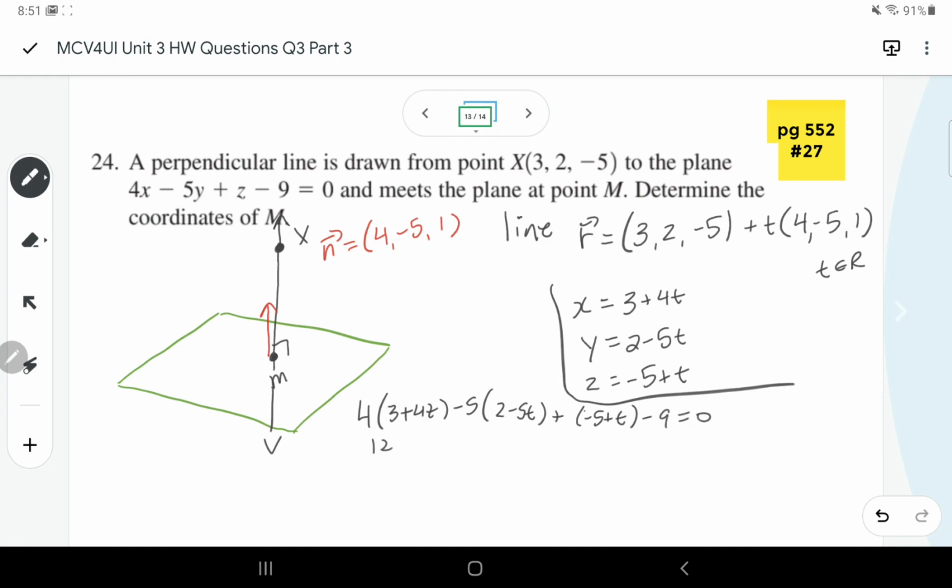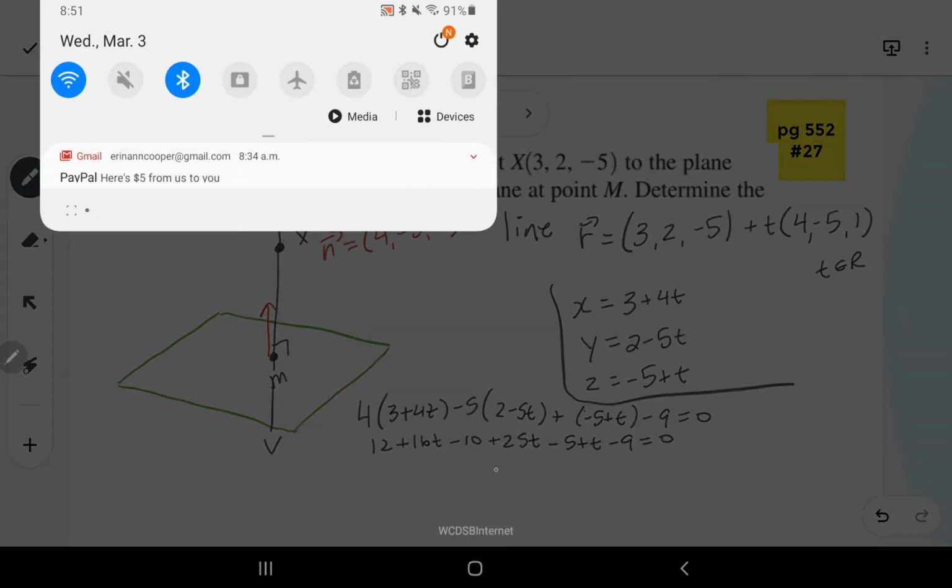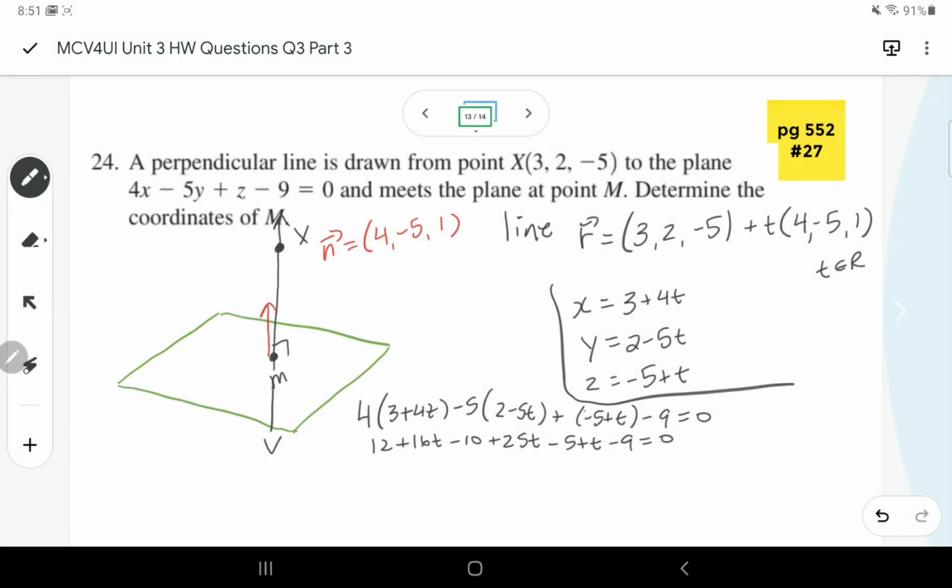So here I have 12 plus 16t minus 10 plus 25t minus 5 plus t minus 9 equals 0. So how many t's do I have? 16 plus 25 is 41, plus one more, so I have 42t.